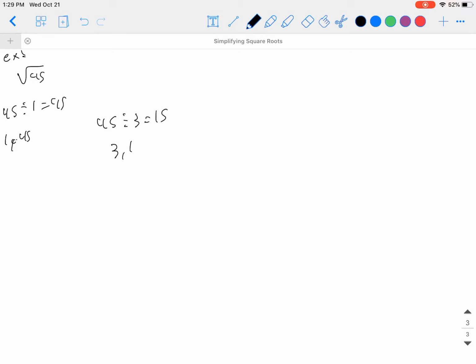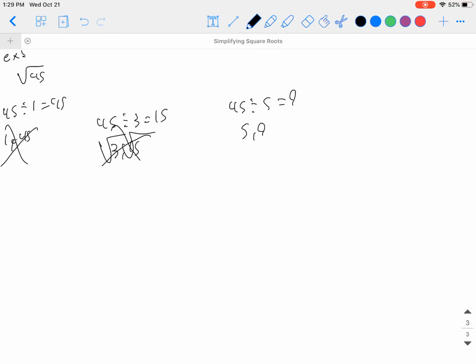So we have 3 and 15. 45 divided by 5 equals 9. So we have 5 and 9. Alright, if we list the factors as square roots of each other, the square root of 1 and the square root of 45 is irrelevant since that's equivalent to our initial problem. The square root of 3 and the square root of 15 are both irrational, so we do not want that.